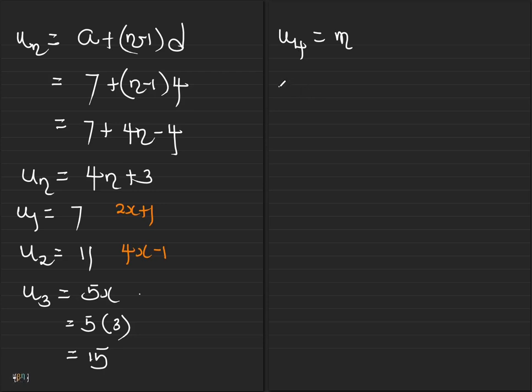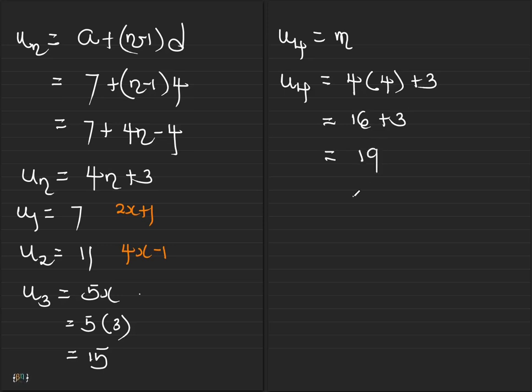Hence, for u4, using the formula we have here, 4 into bracket n, where n is the term. So 4 times 4 gives us 16, so we have 16 plus 3, and 16 plus 3 gives us 19. So that is the fourth term.